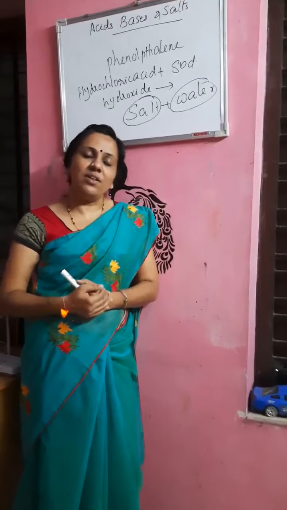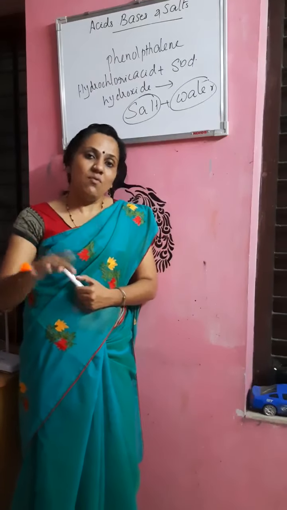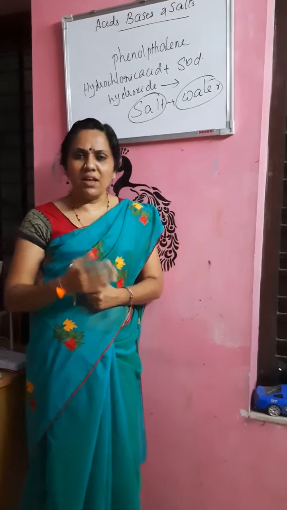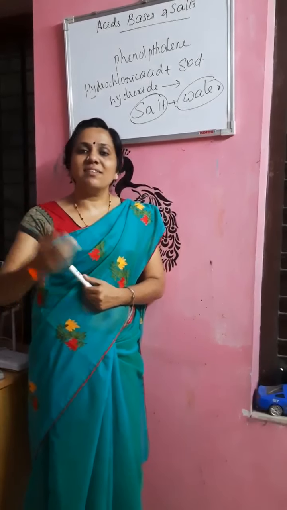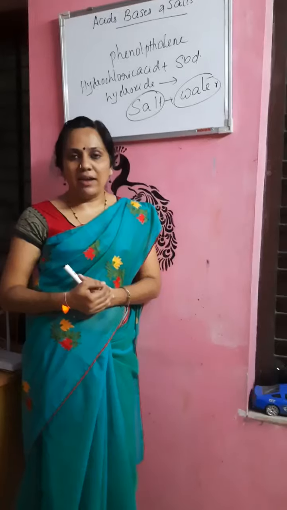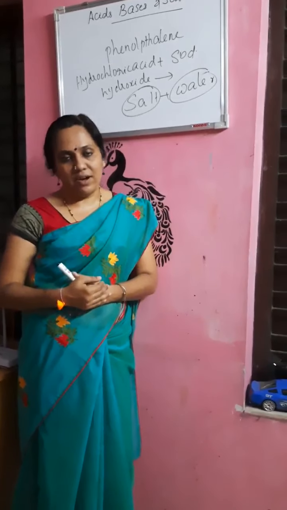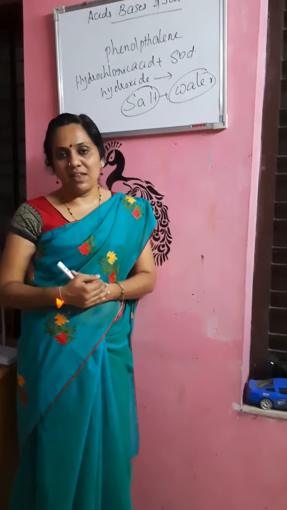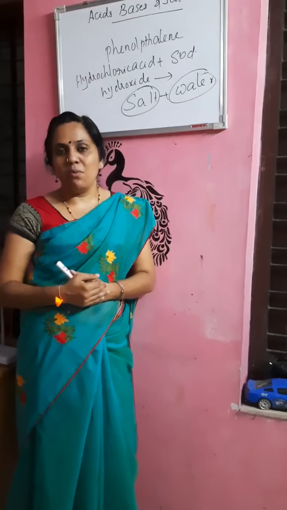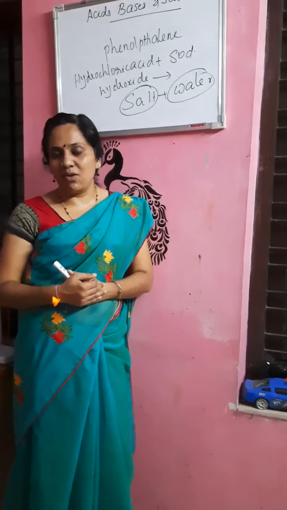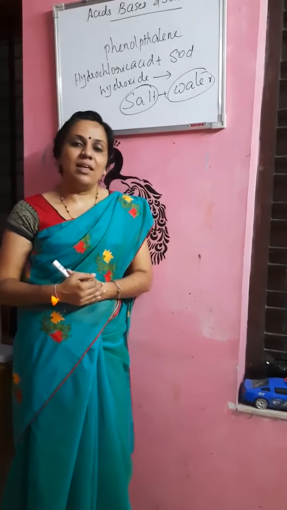In order to nullify the effect of the basic substances, we will add organic manure or fertilizers. They will increase the acidic strength of the soil and that effect will be nullified. So this is another neutralization reaction taking place in the soil, to make the soil acidic, basic or neutral depending upon the condition.